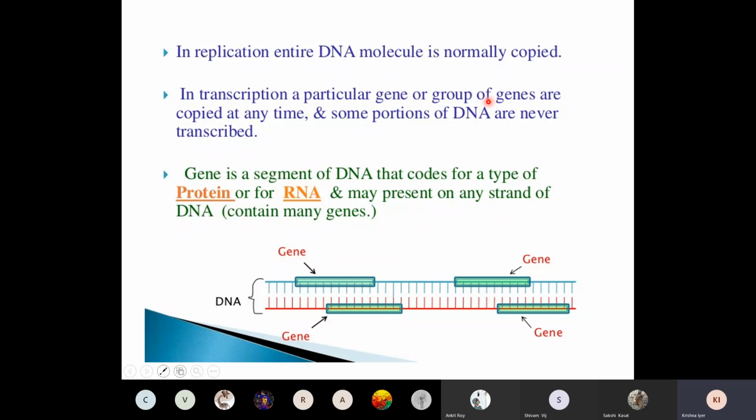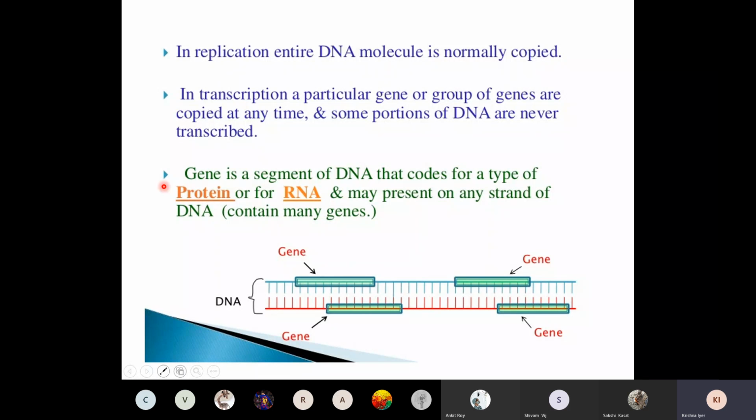Now, how do you define a gene? This is very important. In the olden days, the gene was always defined as a segment of DNA that codes for a protein. But that definition is now obsolete. Now we define a gene, which carries some information content, as a segment of DNA that codes for either protein or RNA.